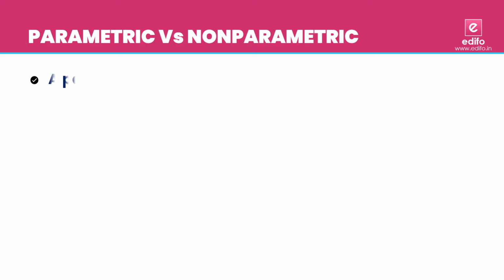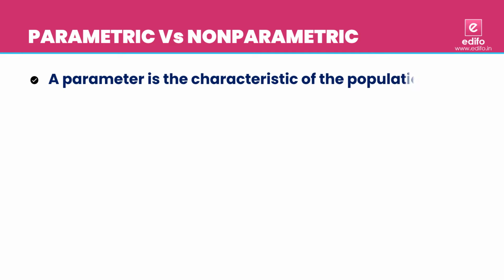A parameter is the characteristic of the population, or we can say it is an aspect of the population. For example, the mean of the population is a parameter, or we can say the standard deviation of the population is a parameter. So these are all parameters.